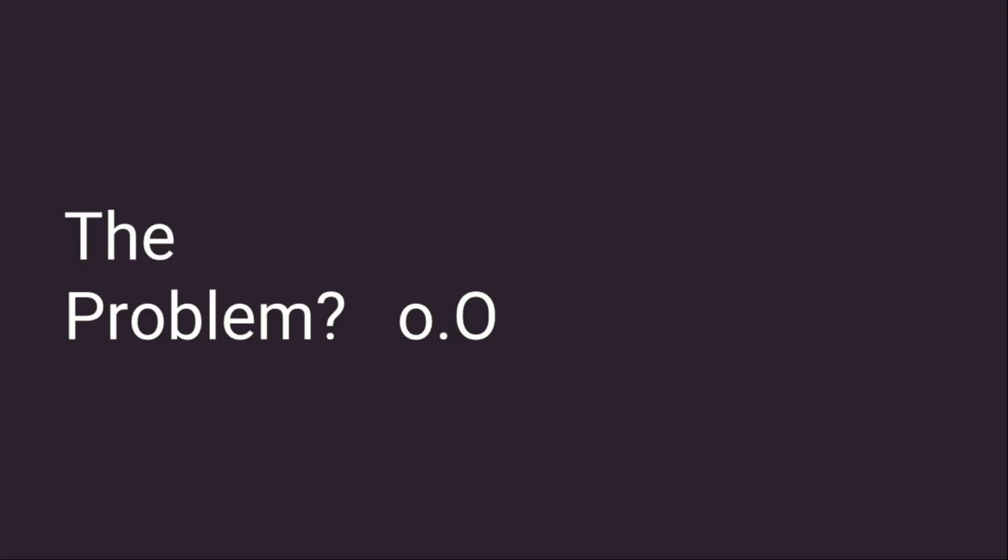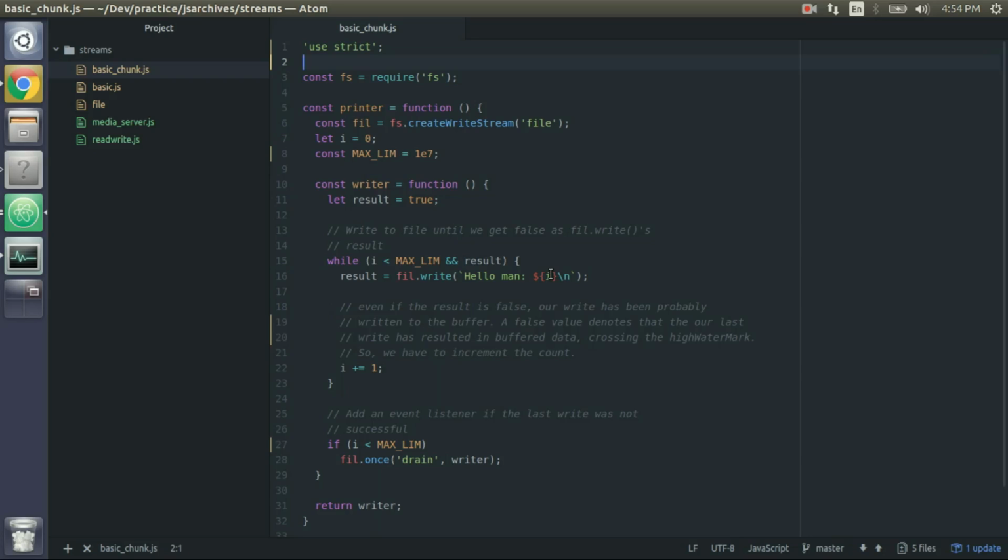So let's quickly have a look at the solution of how we can efficiently solve that sort of problem. This is an optimized version of that very same program. In this program, we first check whether our write returns true or false as an answer. When it returns true, it means that it was able to write into the buffer and the buffer's limit is under control, and we haven't hit the high water mark, or the limit of whatever data our buffer can contain.